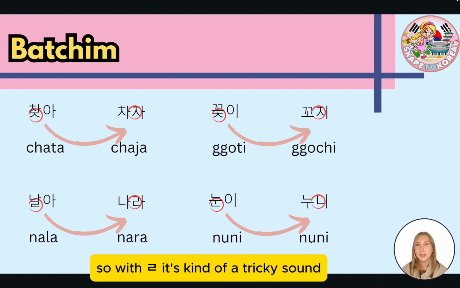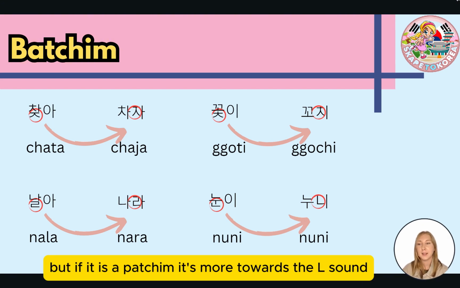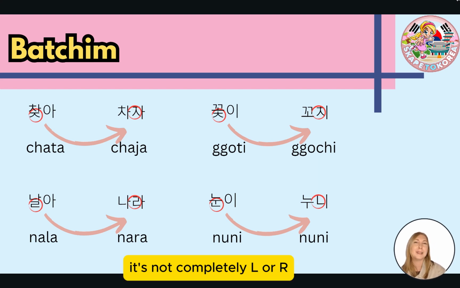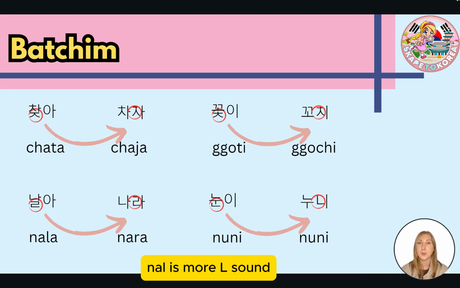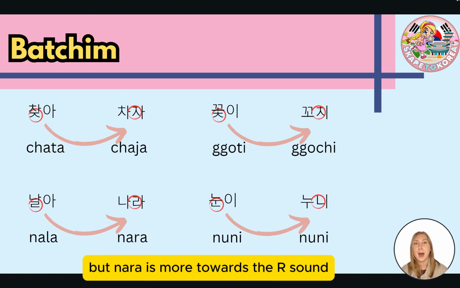Then we've got 따라. So with rir, it's kind of a tricky sound, but if it is 받침, it's more towards the L sound. It's not completely L or R, but as a 받침, it's more to the L sound. So like 날, yeah, 날 is more L sound, but 따라 is more towards the R sound.